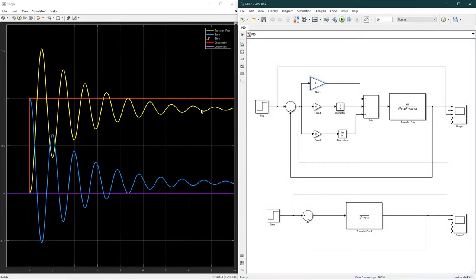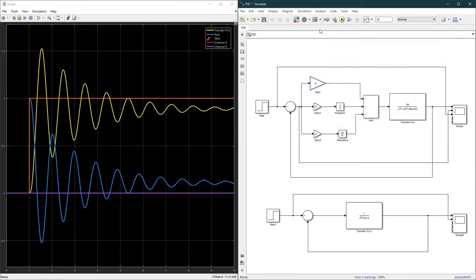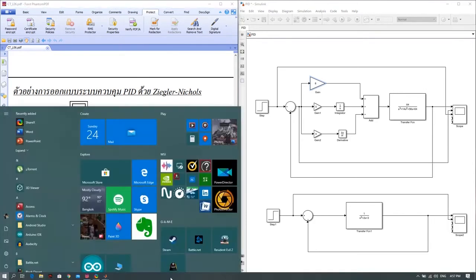It begins to oscillate. See, it begins to oscillate, although it's going to a steady state in the end. Okay, follow the value in the paper: with Kp around 11.25, the oscillation will occur.